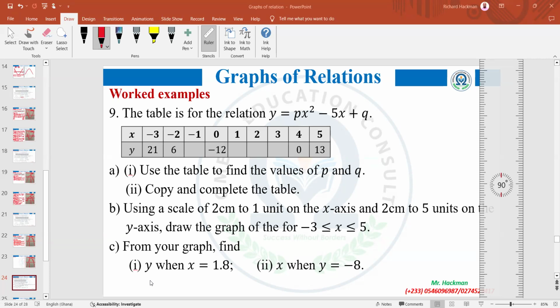Just one or two pieces of information that you need. This relation contains how many unknowns? 2 unknowns, which will be P and Q. And if you have an equation involving 2 unknowns, how many equations at least are you supposed to generate before you can find these 2 unknowns?